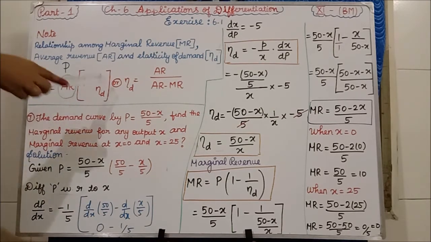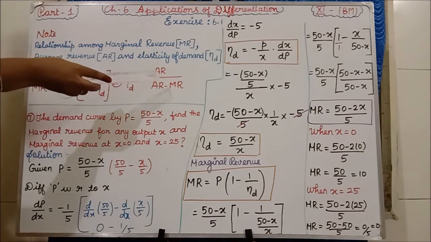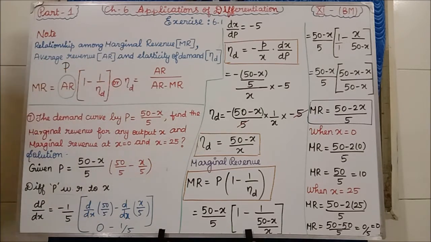Now, from this formula they have derived elasticity of demand also. What does that mean? Average revenue divided by average revenue minus marginal revenue. Okay, based on this only we will do the exercise problem. So marginal revenue is equal to price into 1 minus 1 divided by eta d. Clear? Now this formula only we are going to apply in the seventh question.